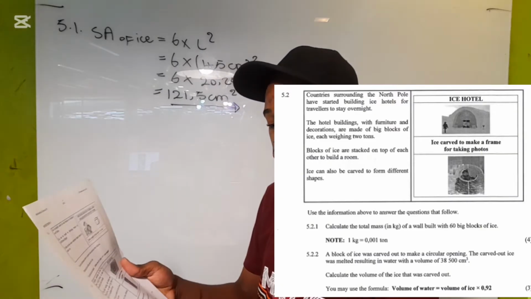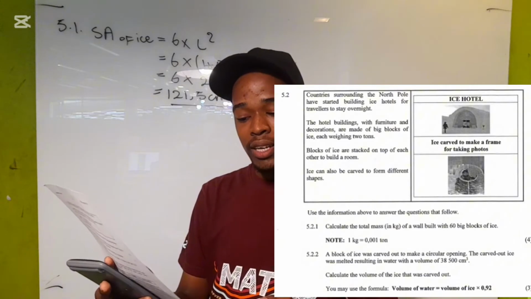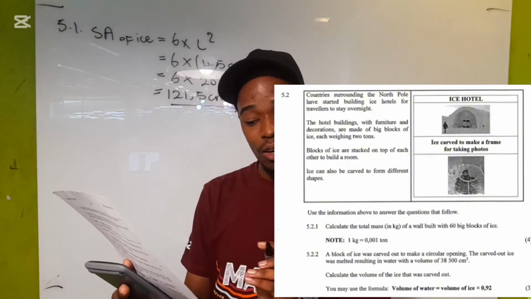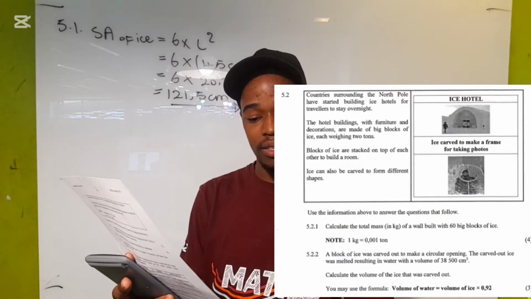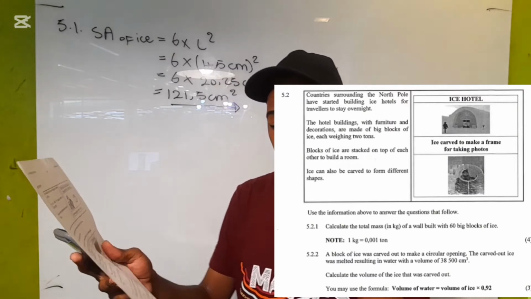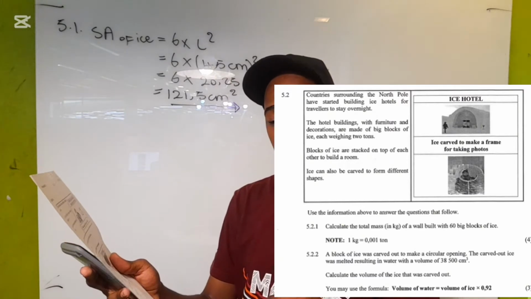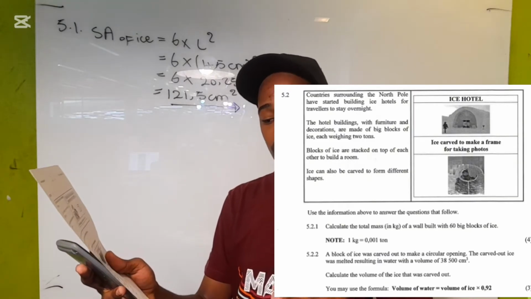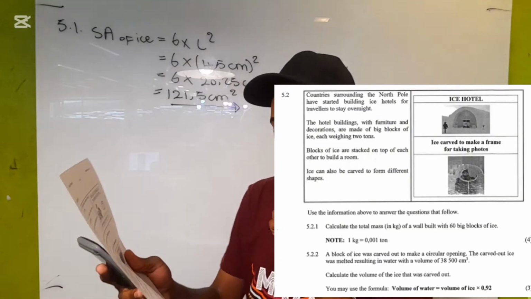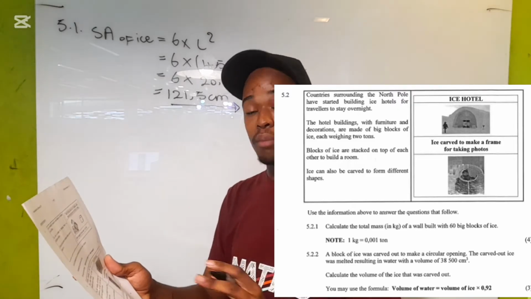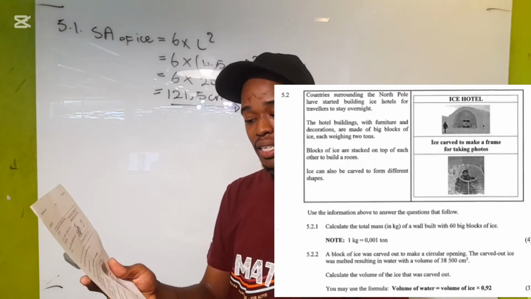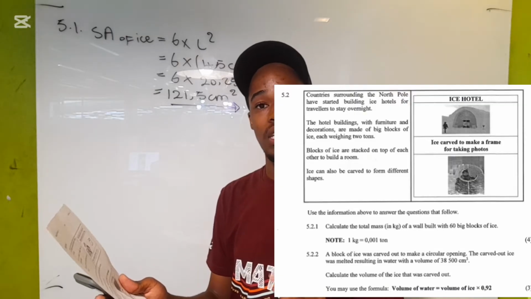Okay, so the first question says, calculate the total mass in kilograms of a wall built with 60 big blocks of ice. And then we've been told there that 1 kilogram equals 0.001 ton. Here they want us to calculate the total mass of one wall that is made up of 60 blocks, but they want our answer to be in kilograms.